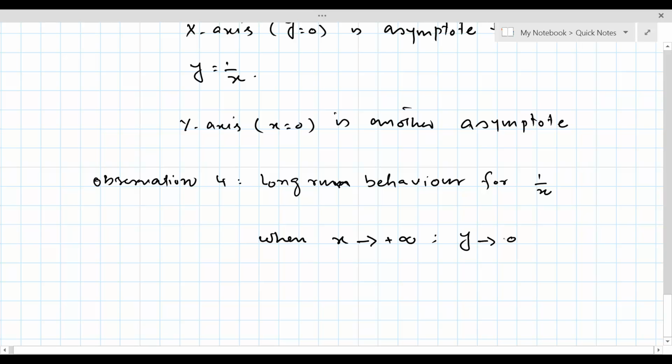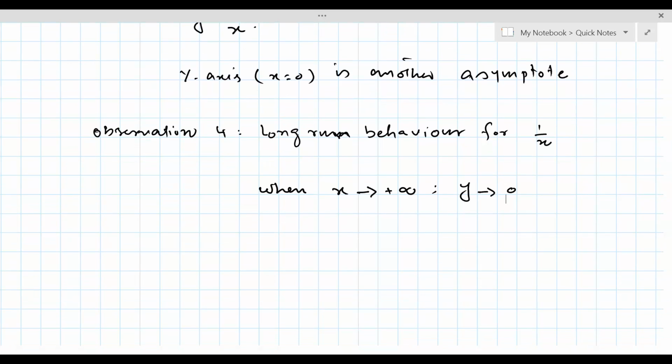As x starts getting bigger and bigger, y starts getting smaller and smaller. And when x approaches minus infinity, similarly, y again becomes closer to 0. This is long-term behavior or long-run behavior.